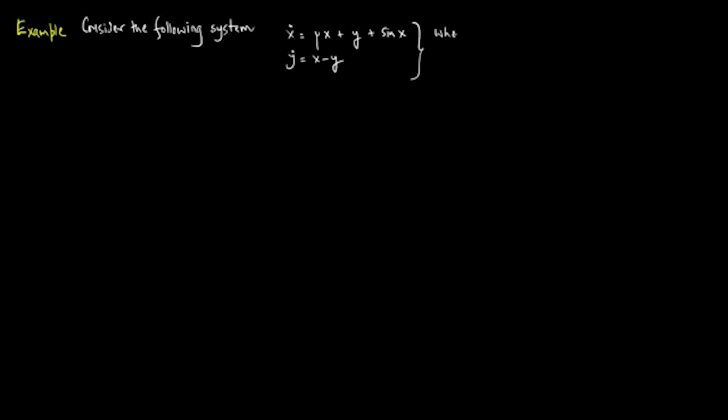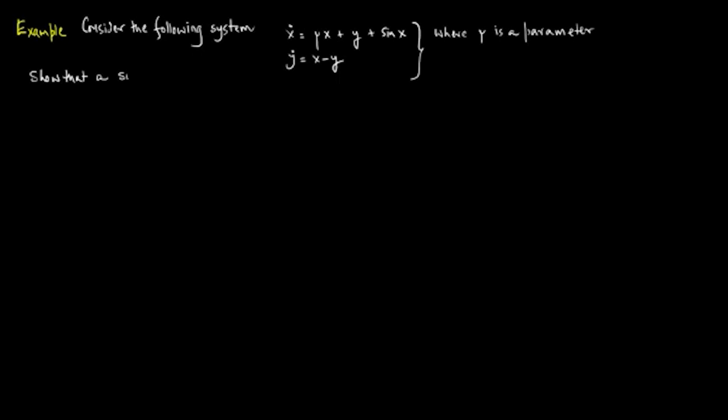So we look at an example now. Consider the following system. X dot is equal to mu x plus y plus sine x, and y dot is equal to x minus y, where mu is a model parameter.